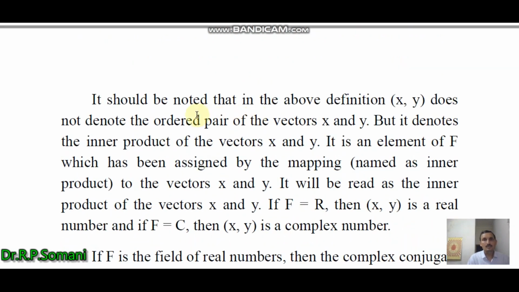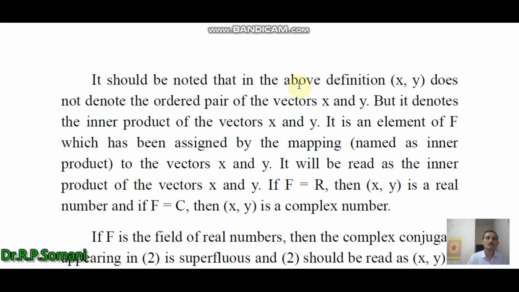It should be noted that in the above definition, (x, y) does not denote the ordered pair of vectors x and y, but it denotes the inner product of the vectors x and y, which is some number of field F. It is an element of F which has been assigned by the mapping named inner product to the vectors x and y, and it is read as the inner product of vectors x and y.